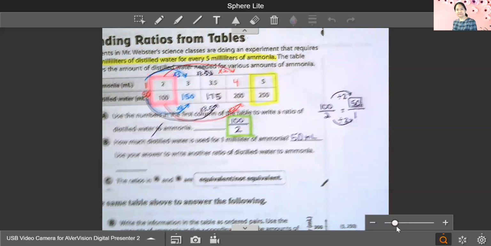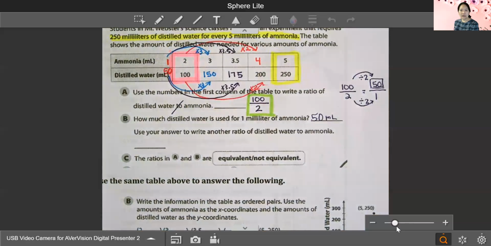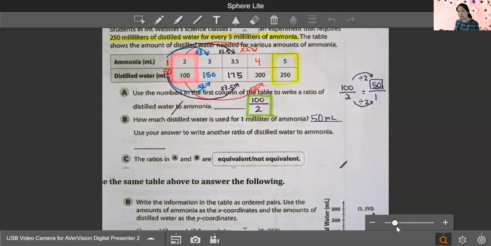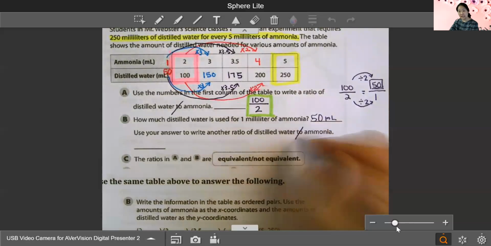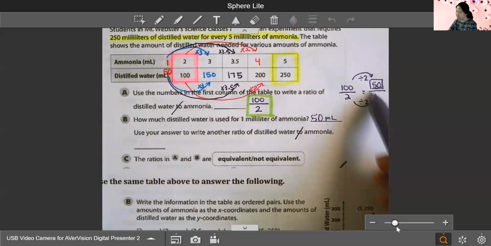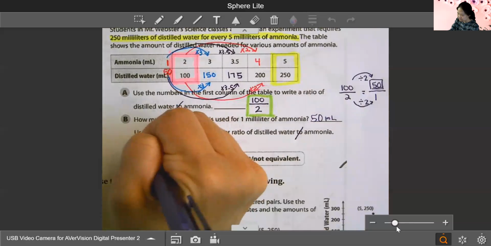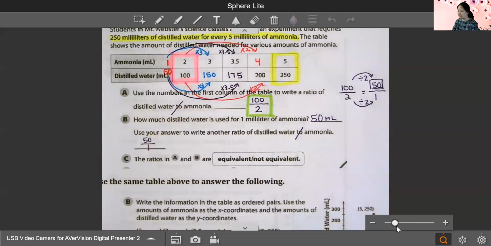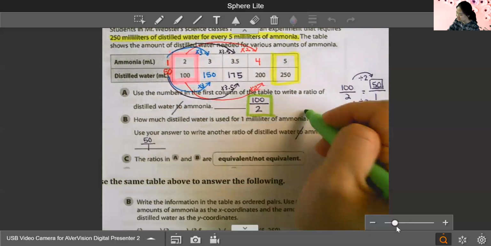All right? Use your answer to write another ratio of distilled water to ammonia. So since I already found this other ratio, I'm going to go ahead and write that 50 to 1. That's my other ratio. Let me box those answers.